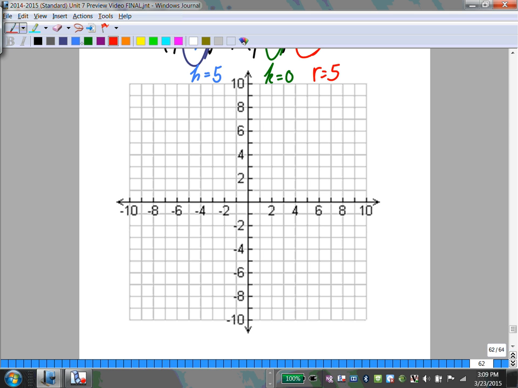So now I graph the center of my circle. So I'm going to go over 5 and up 0. That means the center of my circle is right there. Always label the center of your circle, 5, 0. Now you count a radius of 5, north, south, east, west.